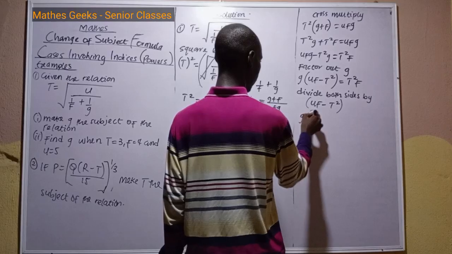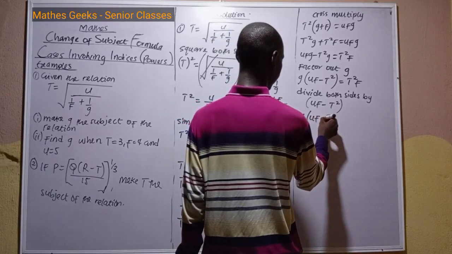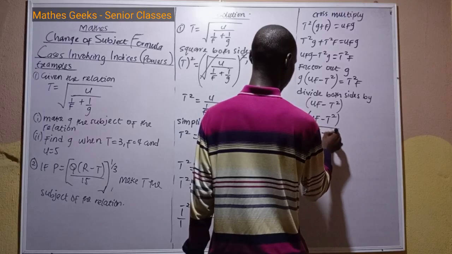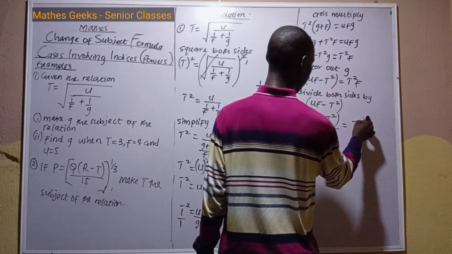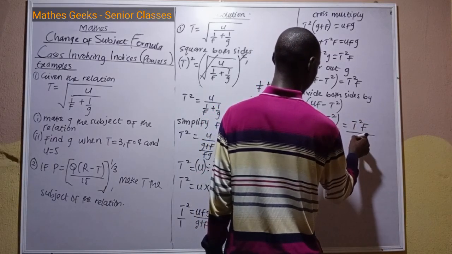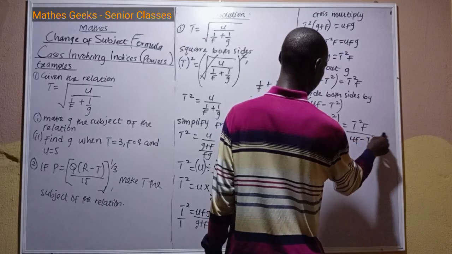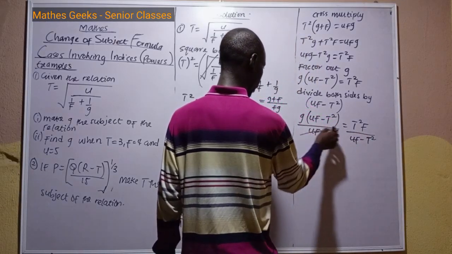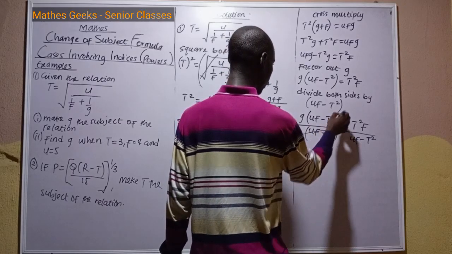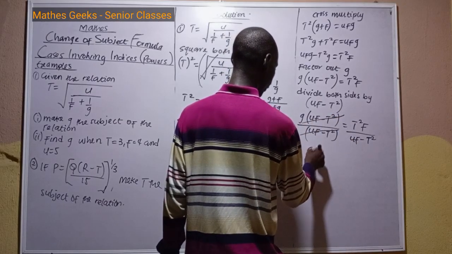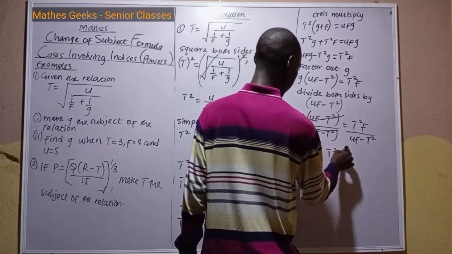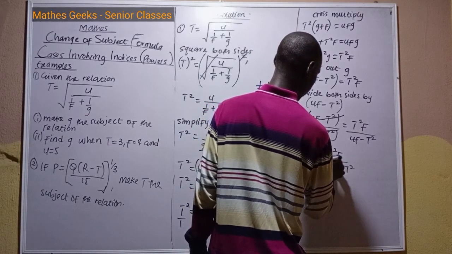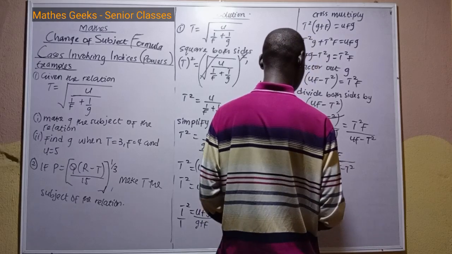So G times UF minus T squared over UF minus T squared equals T squared F over UF minus T squared. Yeah, so this will cancel, and this will cancel. So G is equal to T squared F over UF minus T squared. That is the subject of the formula.